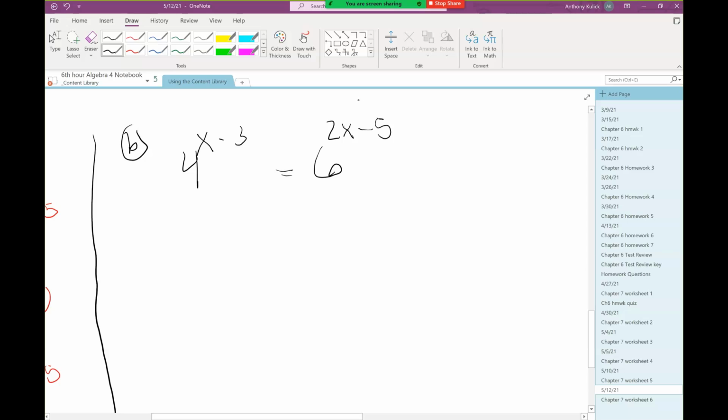Right? 4 is 2 squared, but 6 is 2 times 3. They won't have the same base even after we factor them. Do you guys see that? So what should I do in this situation?